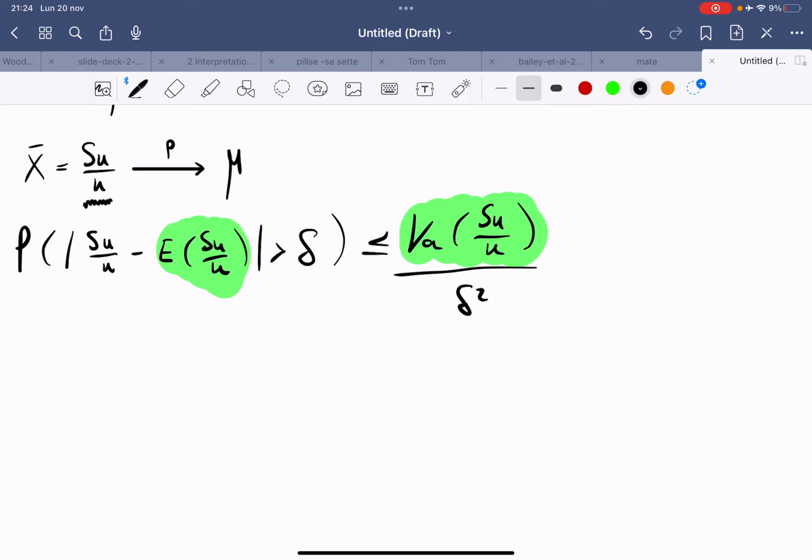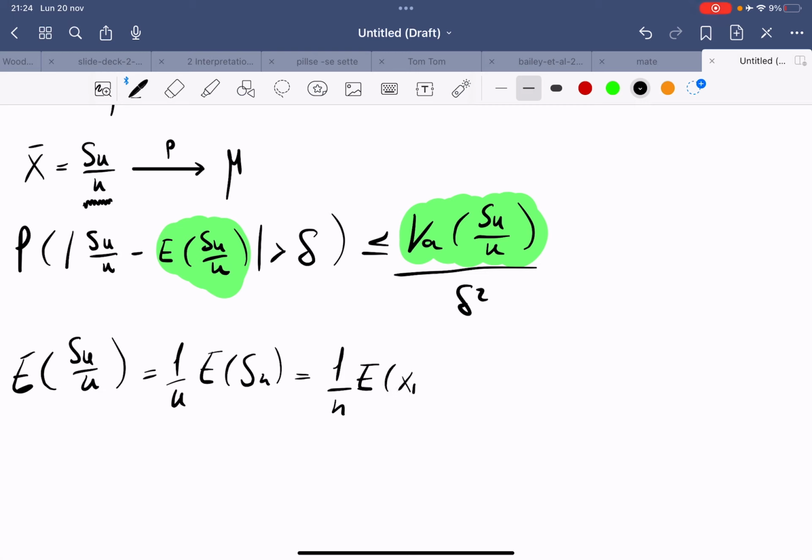So first of all, we compute the expected value of Sn divided by n. We take out 1 over n, so we take the expected value of the sum times 1 over n. Then we split the sum and we show that it is equal to X1 plus X2 until we go to Xn.